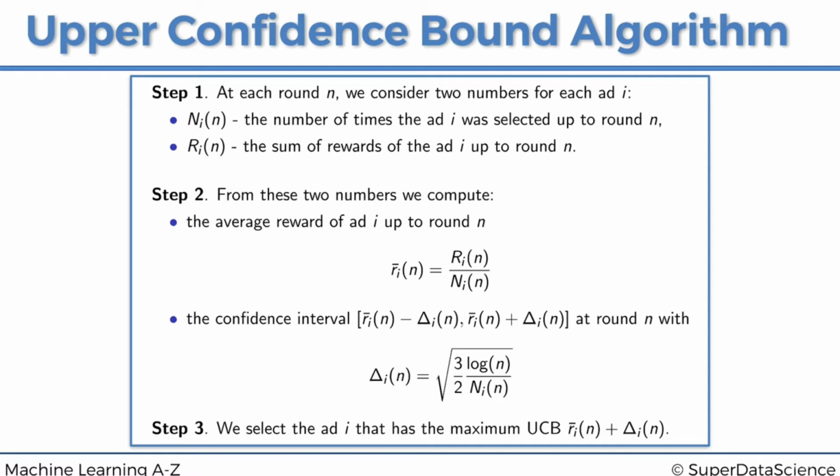And so what is this upper confidence bound? Well, it's the average reward plus delta_i(n). And delta_i(n) is given by this formula. It's the square root of 1.5 log n divided by N_i(n), which is the number of times the ad version i was selected up to round n.